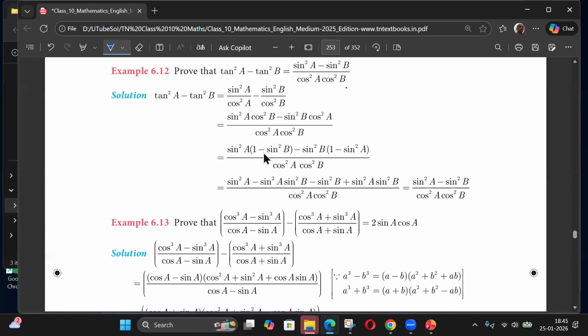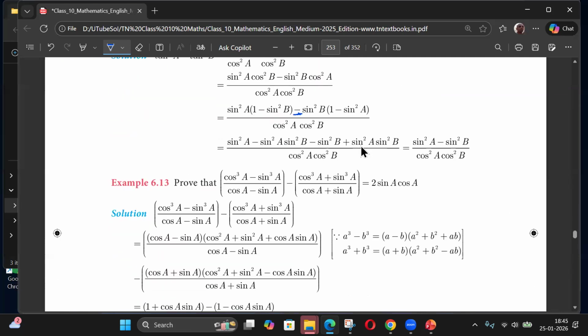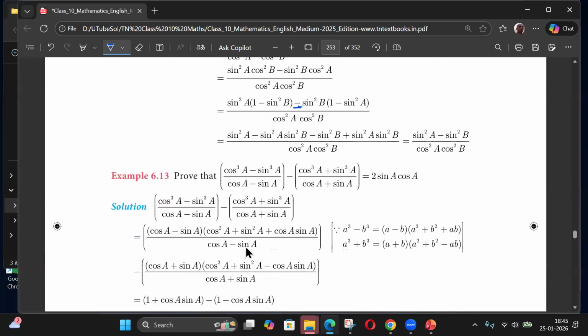There will be some cross term, and here also a cross term, which is going to cancel. There's a minus sign here, so the cross term will cancel. So you get this one: cos cube minus sine cube.